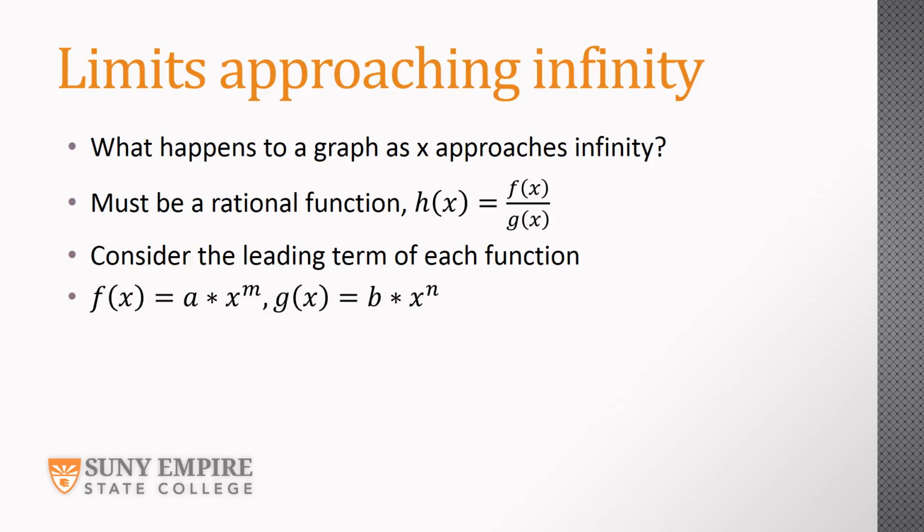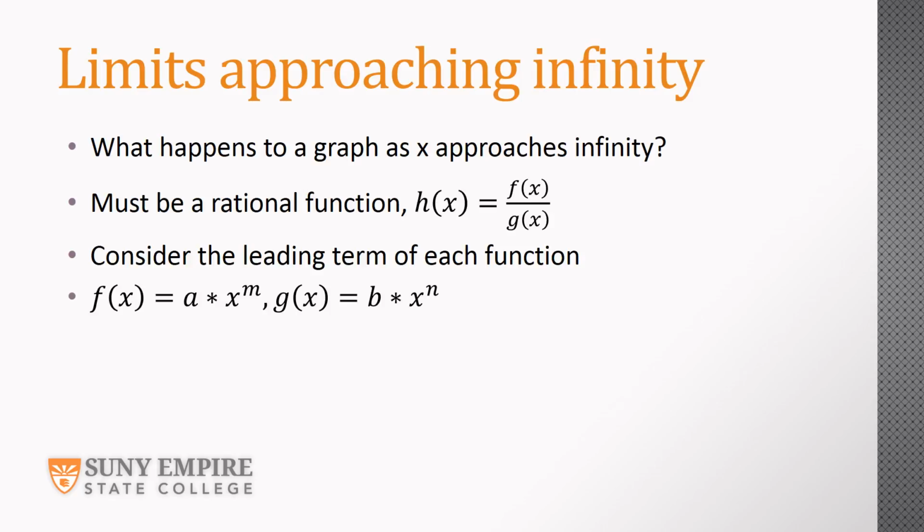For this limit as x approaches infinity or negative infinity to exist, the function must be some form of a rational function. We can think of our function h of x as the ratio of the functions f of x and g of x. Assuming that each of these functions are polynomials, the only terms that matter as x gets larger and larger are the leading terms, the terms with the highest exponents.